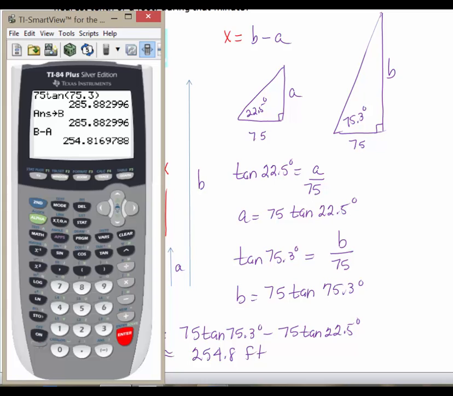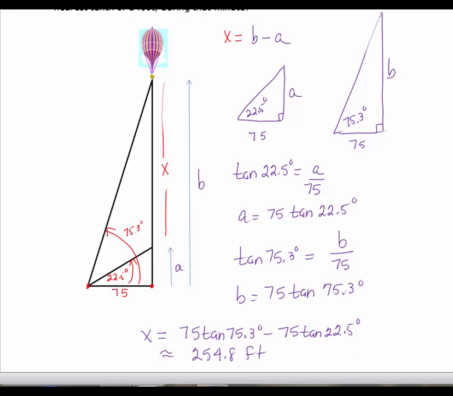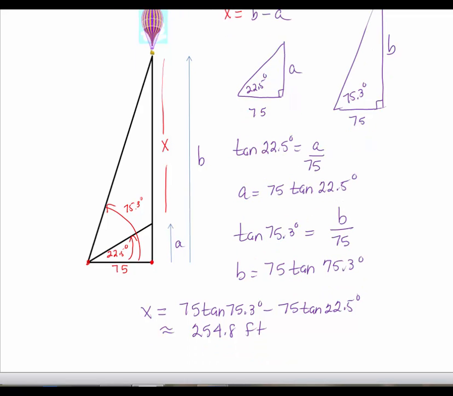So that almost seems like more work, but if you know you're going to use a value in a future portion of a problem, it's nice to know how to use the store keys on your calculator. All right, in the next video we'll look at problems involving bearings.